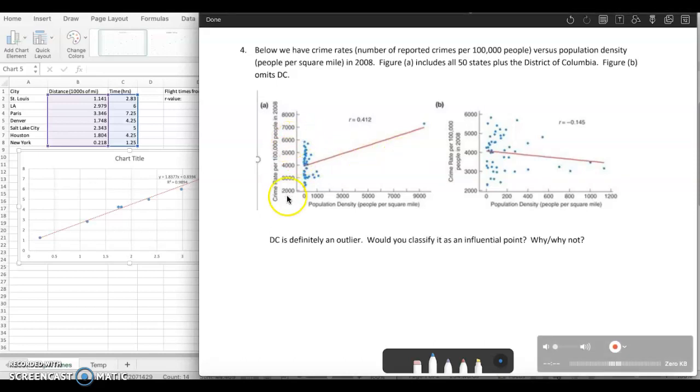So what we have in Figure A, all of these points over here represent the 50 states, and here's the District of Columbia over here. Notice that the District of Columbia is very, very more densely populated than any of the states, and it also has a very, very high crime rate.